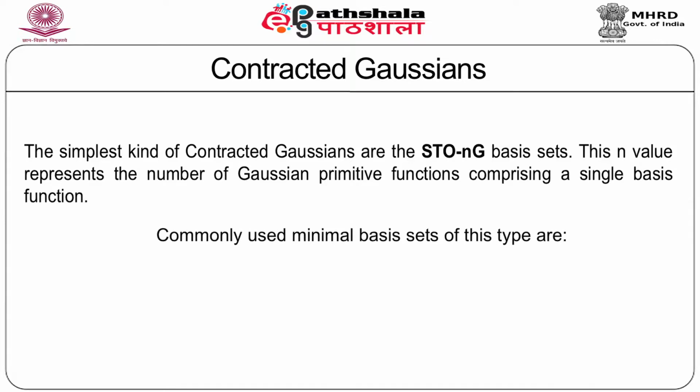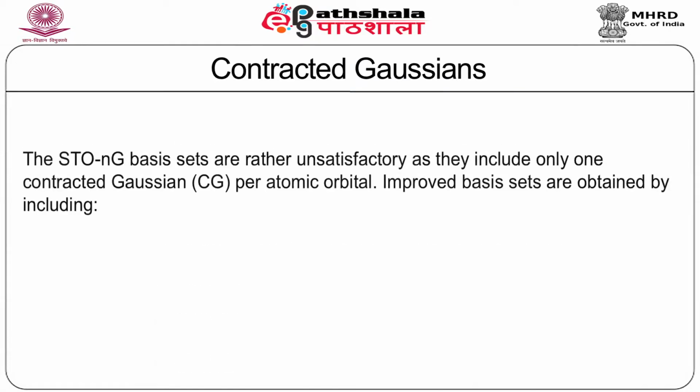Commonly used minimal basis sets of this type are STO-3G, STO-4G, or STO-6G. The STO-NG basis sets are rather unsatisfactory as they include only one contracted Gaussian per atomic orbital.